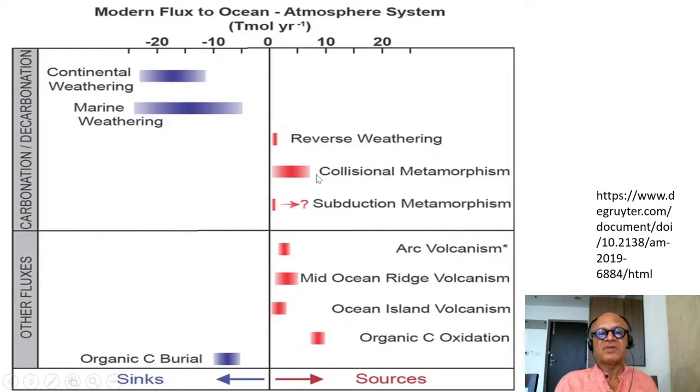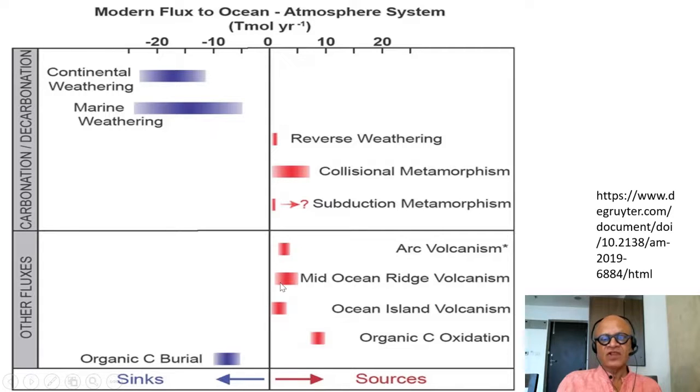Collisional metamorphism here is a source of almost 7 or 8 teramole per year. Subduction metamorphism may be small, or maybe there is uncertainty in terms of how large it is as a source of CO2, so decarbonation. Arc volcanism here, which we looked at in the range of 1 to 3 or so.